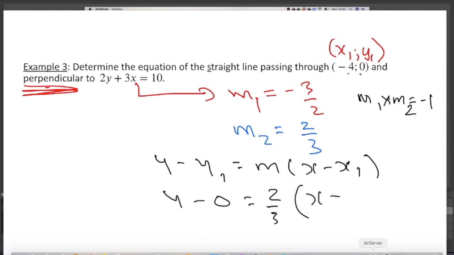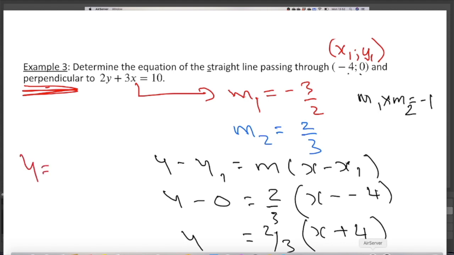X minus x1, so it's x subtract negative 4. Simplify that, you get y equals 2/3 of x plus 4. Right, you can remove those brackets, and that should give you y is equal to 2/3 of x plus 8 over 3.